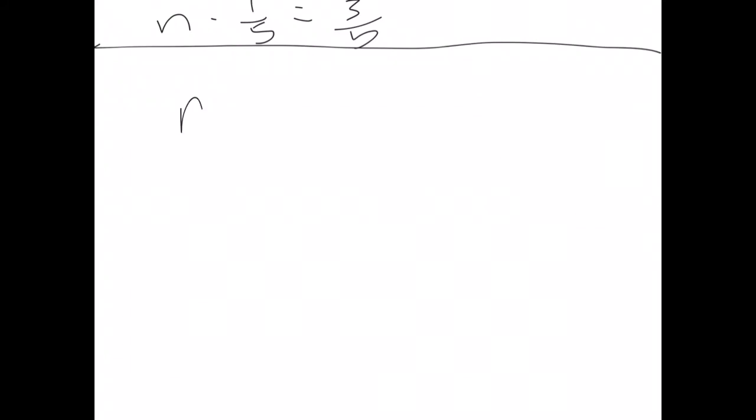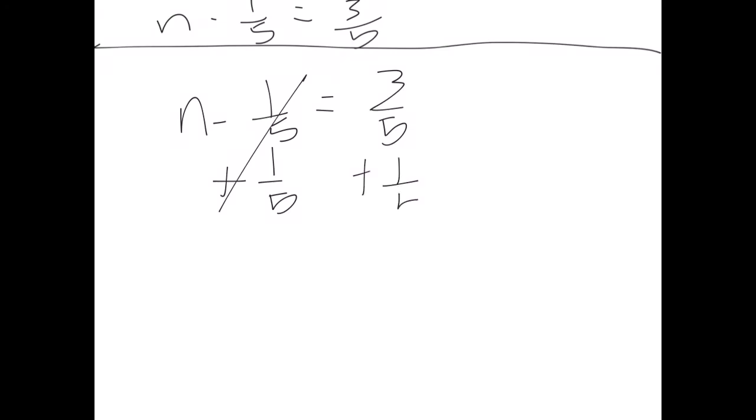To solve n minus 1/5 equals 3/5, we must do the same thing. First we will add 1/5 to get n by itself. So we'll add 1/5, and then we will just bring down the n, and then 4/5 because 3 plus 1 is 4.